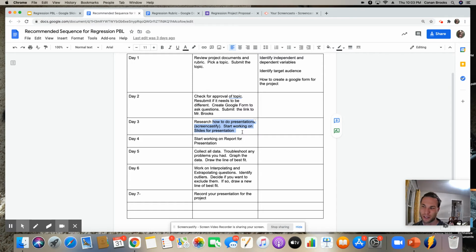And then start researching how to do your presentation, Screencastify, and start working on your slides on day three. You don't need your data to start working on your slides, because you can retype your hypothesis and make that slide explain your two variables before you get any of the data. And then day four, start working on the report.